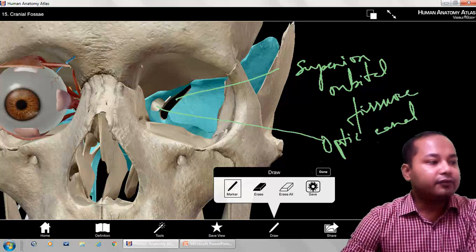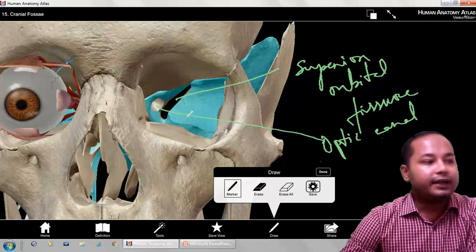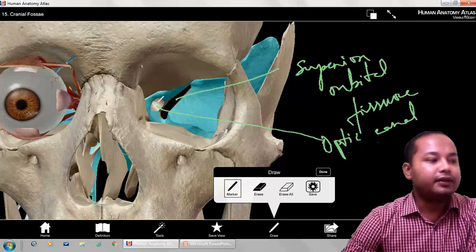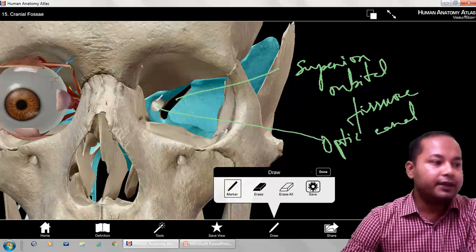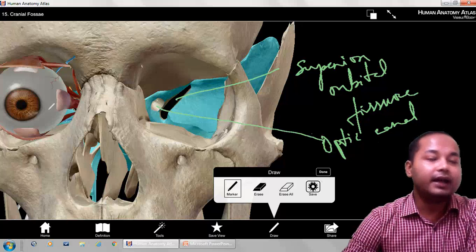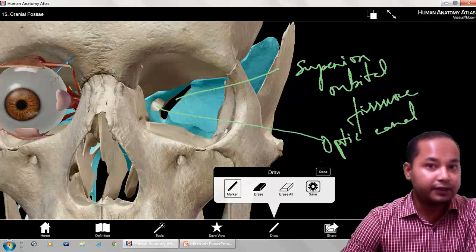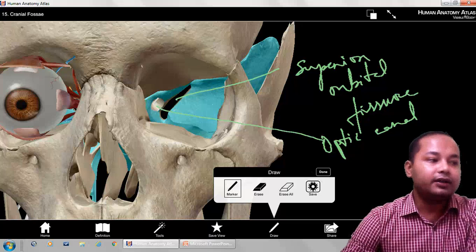The optic canal directly transmits the optic nerve along with the ophthalmic artery. It is the direct canal through which the important optic nerve of the eyeball comes.